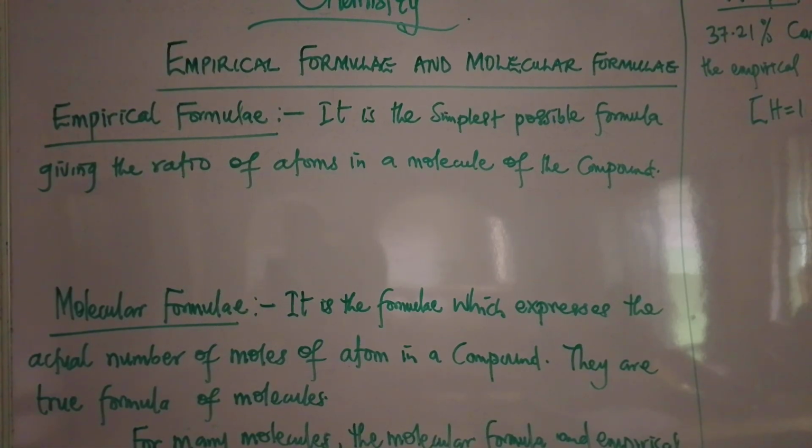Definition: empirical formula is the simplest possible formula giving the ratio of all the atoms that are present in that compound. That is what we call empirical formula. So let's go to molecular formula and explain what we mean by that.